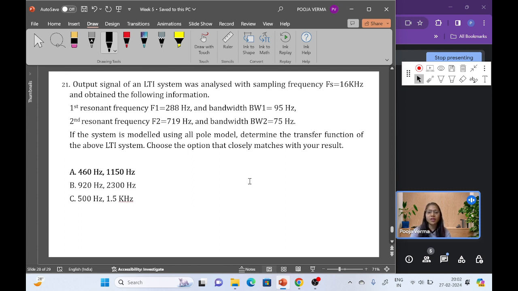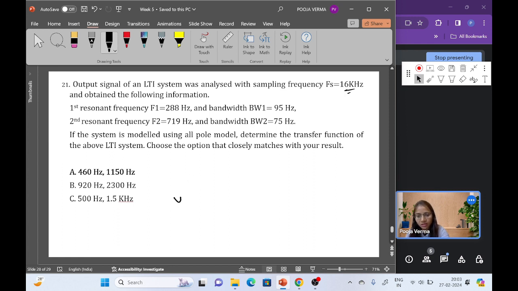So here we need to find out at which frequencies the poles will be there. Here the sampling frequency is given as 16 kilohertz. Already you know how to represent the all pole system. Sir has told you, I think, in the poles and zeros part of the Z transform.